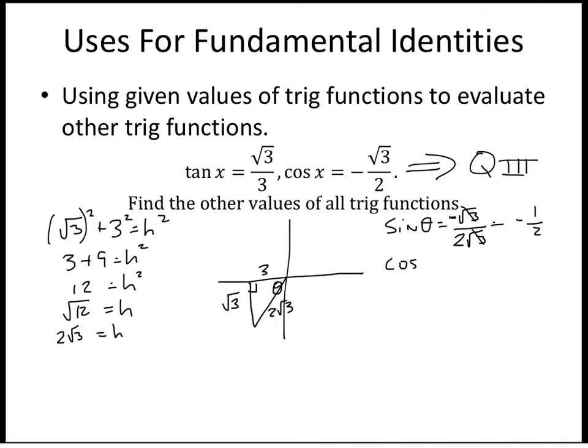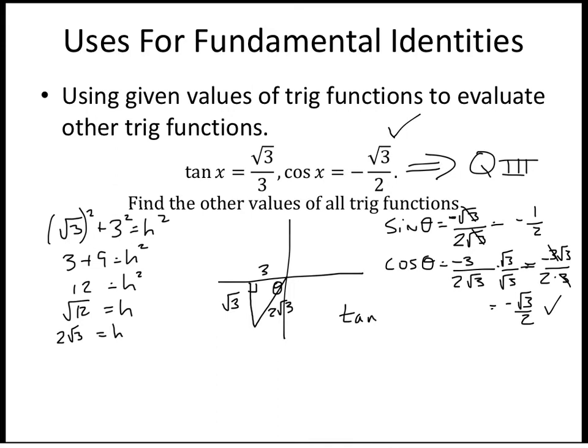Let's do cosine of theta and verify its value. So that's going to be 3 adjacent, which is also a negative direction for us, over 2 square root of 3. Multiplying that by square root of 3 over square root of 3, I get negative 3 radical 3 over 2 times 3. These 3's will cancel out, and I get negative square root of 3 over 2. So I verified cosine, okay, from here.